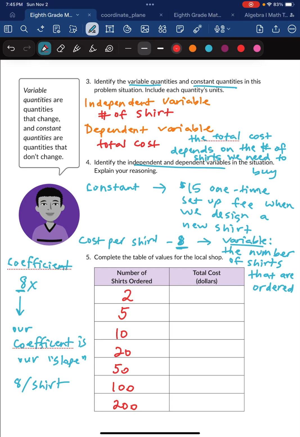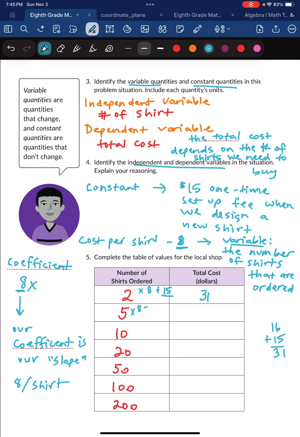So now let's figure out the total cost for each of those. So we're going to multiply each one by $8, and then we're going to add the $15 one-time setup fee. So 16 plus 15 is 31.